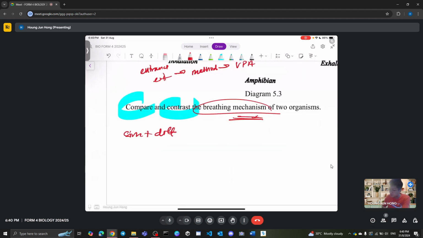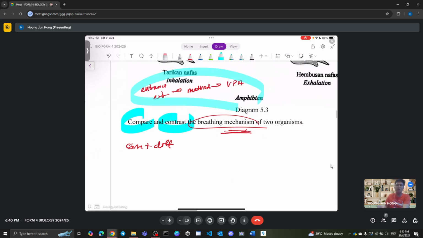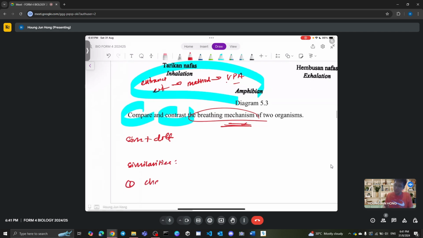Yep. First of all, definitely we talk about the similarities. And in fact, everyone will have a similar structure. So for the similarities, you can talk about a few. For example, VPA. Both change pressure, both change volume. That is already 2 marks, because like I said, all four of them should share the same structure, same procedure.